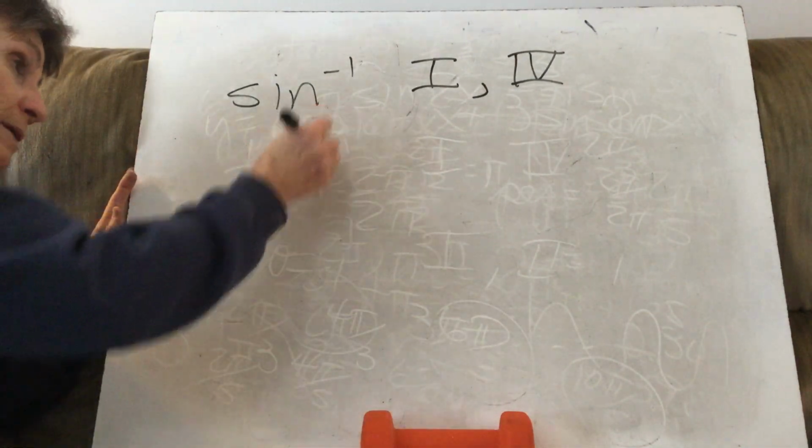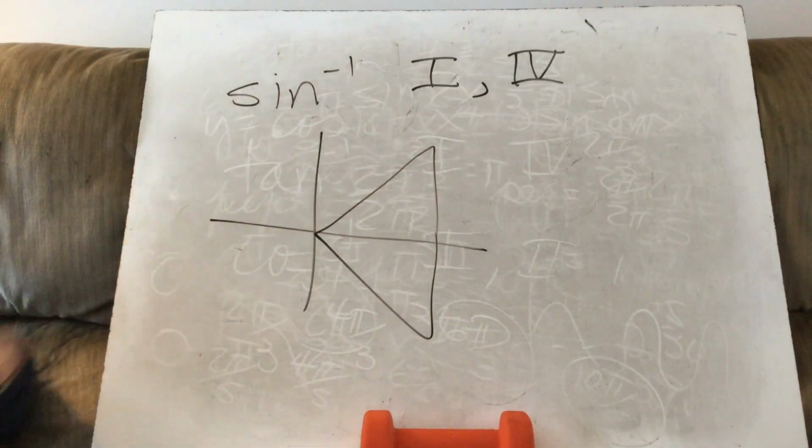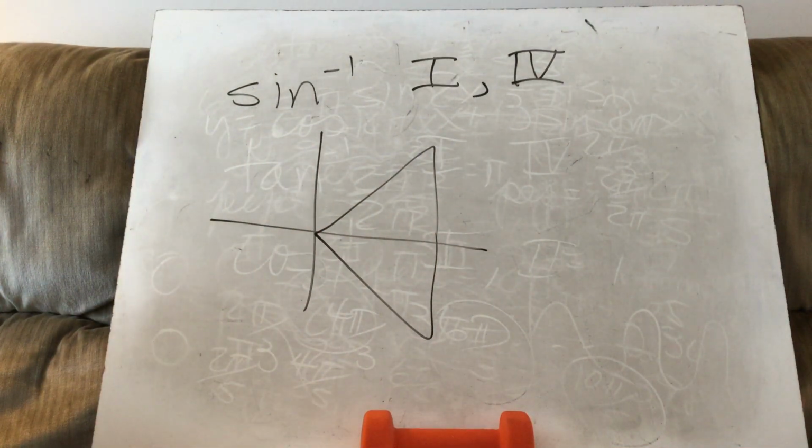So I know I'm going to draw my triangle either in quadrant 1 or quadrant 4. Now, I want you to look at the problem and tell me, is it going to be both quadrant 1 and 4? Is it going to be just 1, just 4? What can you tell me about the angle whose sine is positive √3/2?